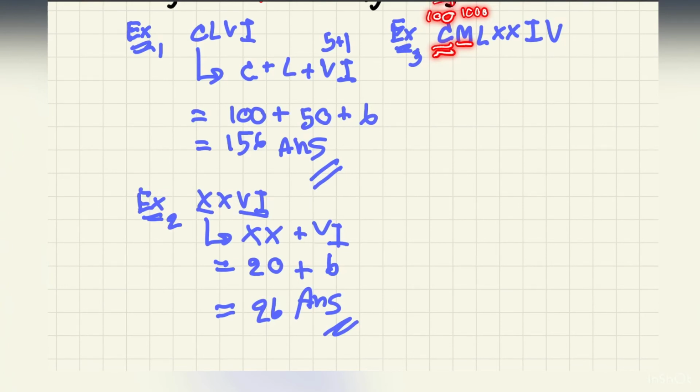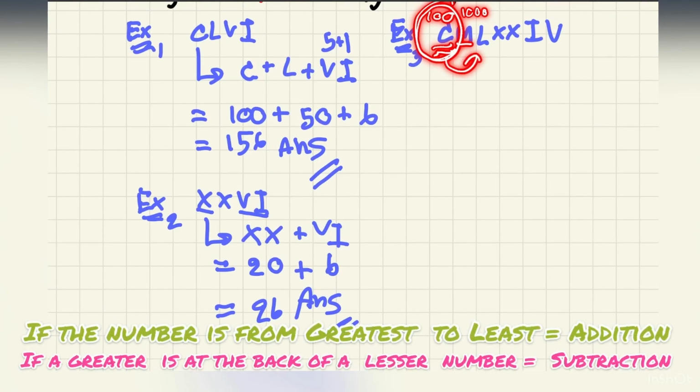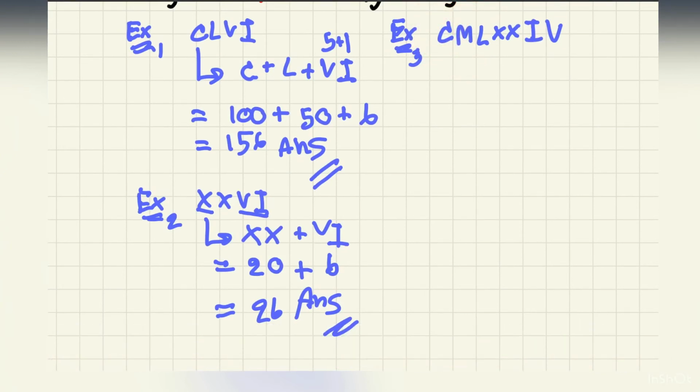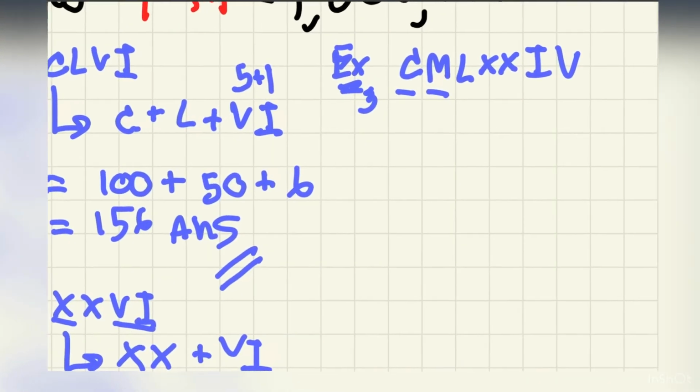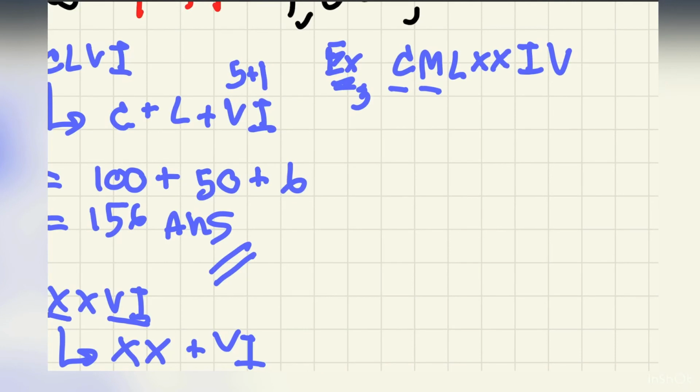If a small number is in front of a big number, that means they are subtracting. So C is smaller than M, but it's in front of M. That means C and M are subtracting each other. So I'll put C and M together.